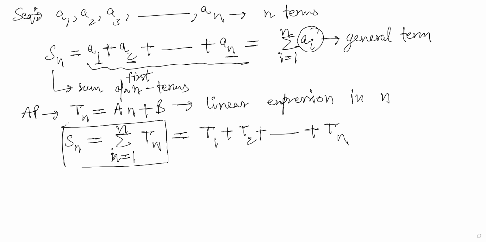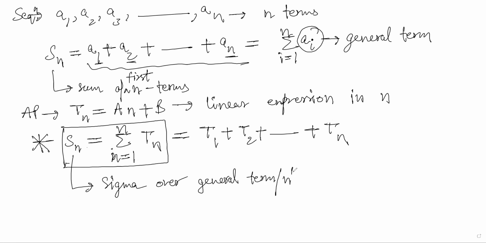You have already studied Sn, but you can also write this in the form of sigma. So Sn is nothing but sigma over the general term, nth term, whatever you want to say. This is your Sn.